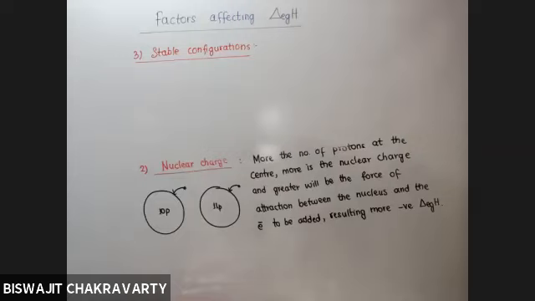And therefore, what will be the delta EGH value for stable configurations? Will it be negative or will it be positive? Are you spending energy in accepting the electron, or are you supplying energy to accept the electron in stable configurations?